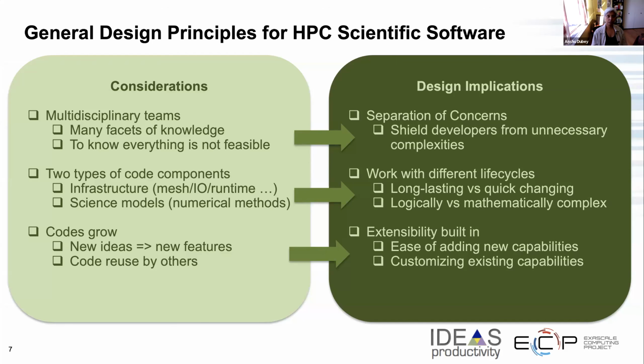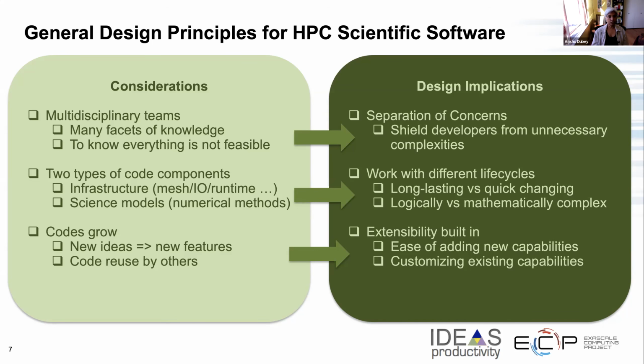And for any one person to know all of the facets of knowledge that need to be understood is not feasible. And therefore, the design implication is that there should be a separation of concerns built into the design that shields developers from knowing in detail about unnecessary complexities that they have to deal with.